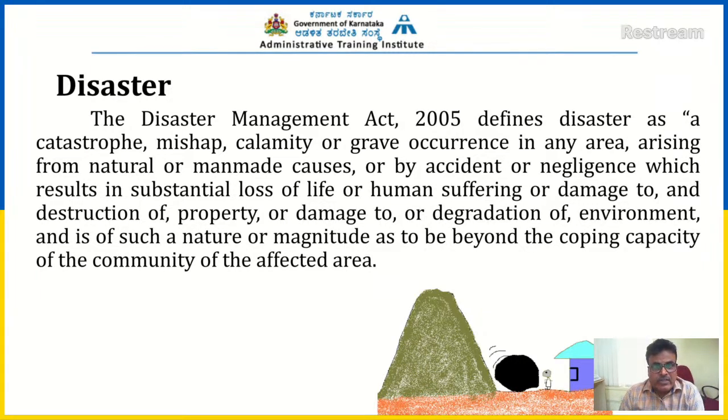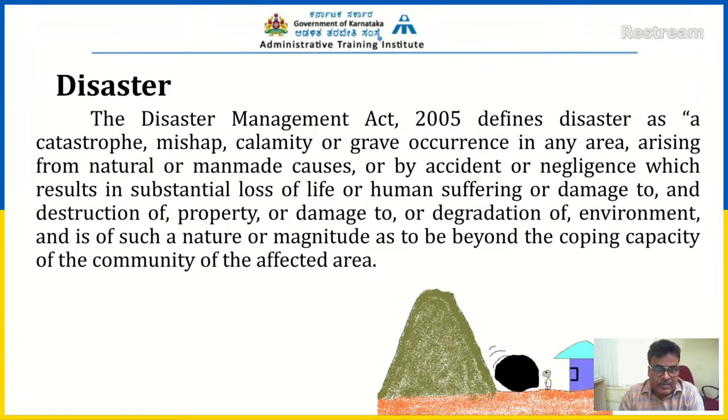I would like to say that this definition is very elaborative and inclusive of almost all the aspects of disaster, because there are different definitions for disaster. Some definitions say that any sudden event leading to loss of life and damage to property is defined as disaster.